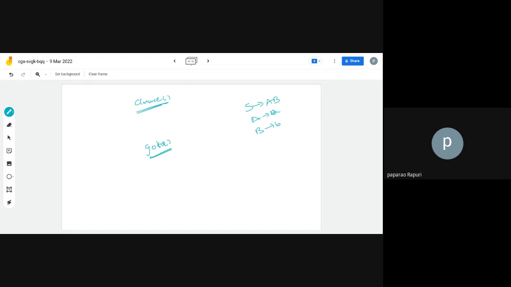So if I want to write a closure for any grammar, initially I need to start with the augmented grammar, that is S dash derives dot S. Please listen carefully, sir: if on the right hand side, after the dot symbol, there is a non-terminal producing something, we need to add those productions to the closure.